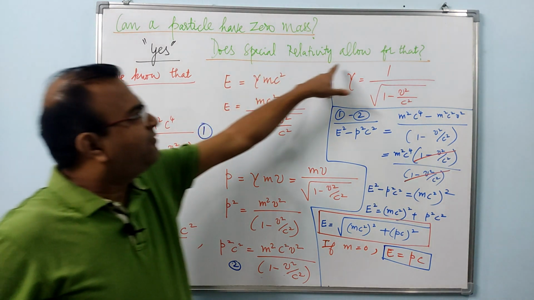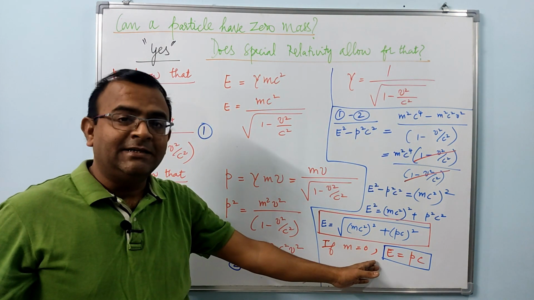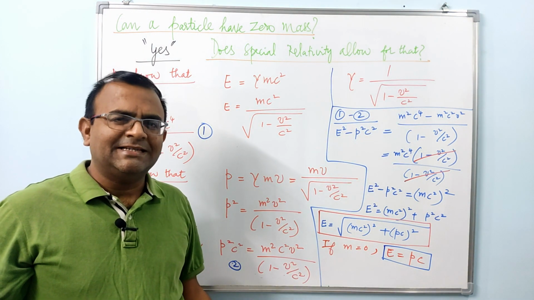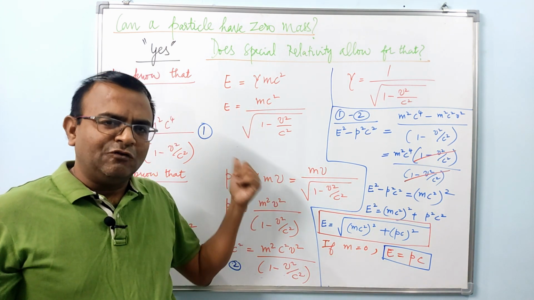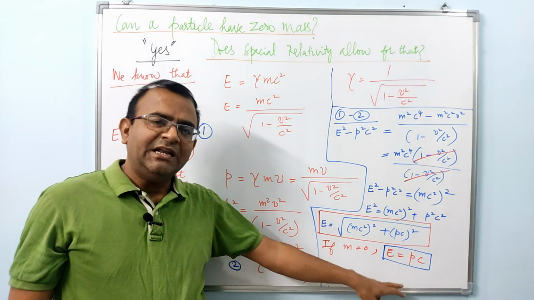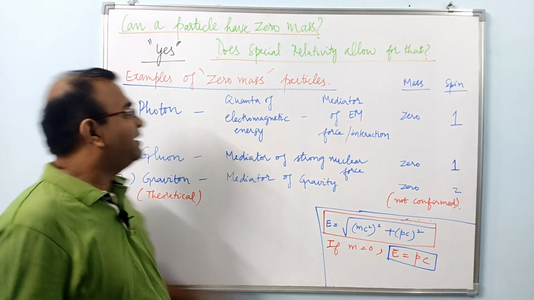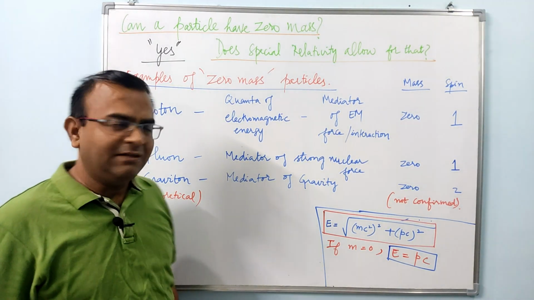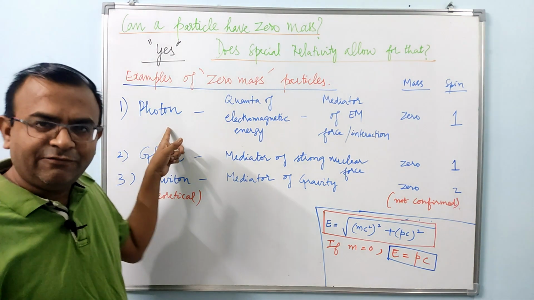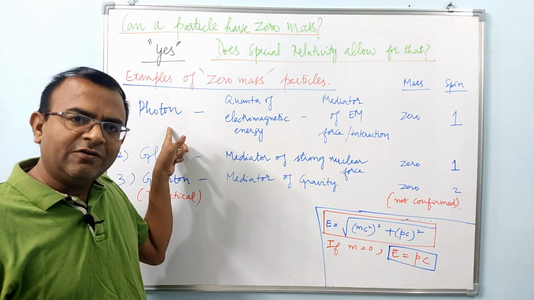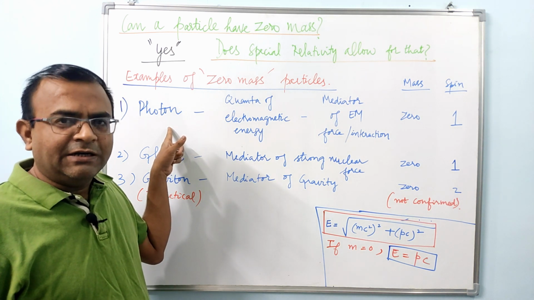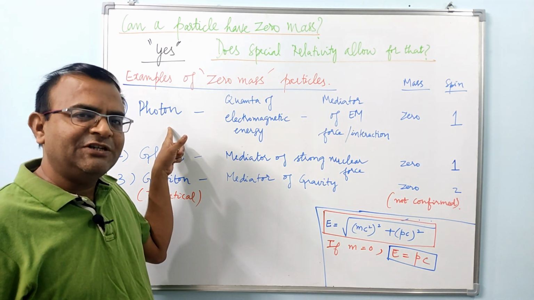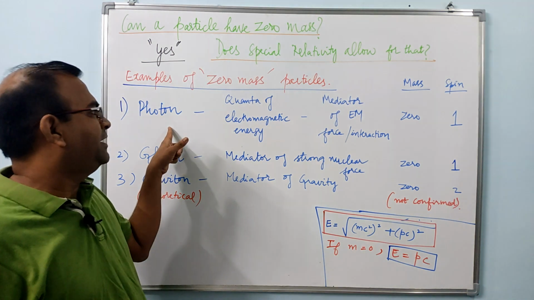Does special theory of relativity allow for that? Yes. Let us just briefly discuss the examples. What are those particles that have 0 mass but that can have energy and momentum? Let us discuss some examples for 0 mass particles. Our first example is the photon, the well-known photon, which is quanta of light or the electromagnetic radiation. So this is the particle that is exchanged in electromagnetic interactions.